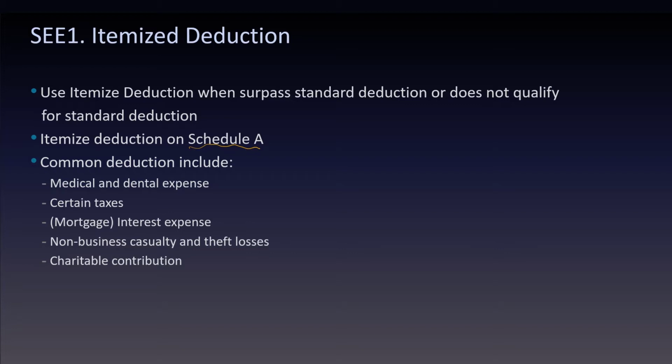It only makes sense to choose whichever one takes the most off your taxable income. If the standard deduction reduces more of your taxable income, then you should choose the standard deduction. But if the itemized deduction gives you more benefit on your tax report, then you should select the itemized deduction.